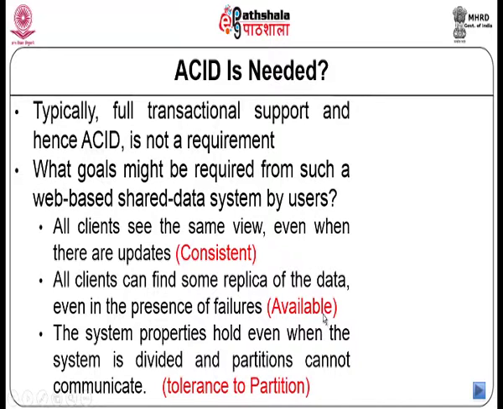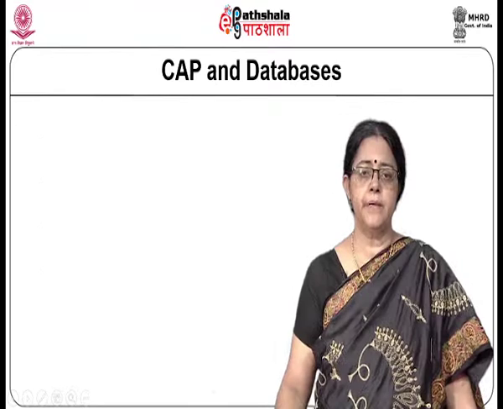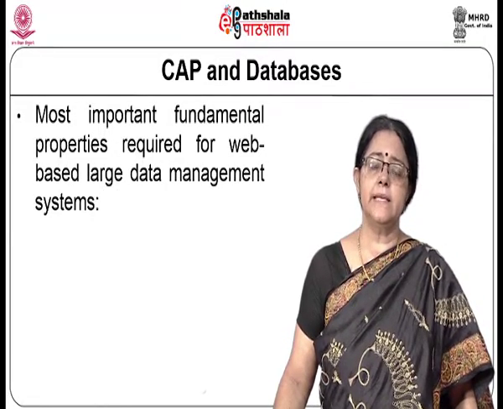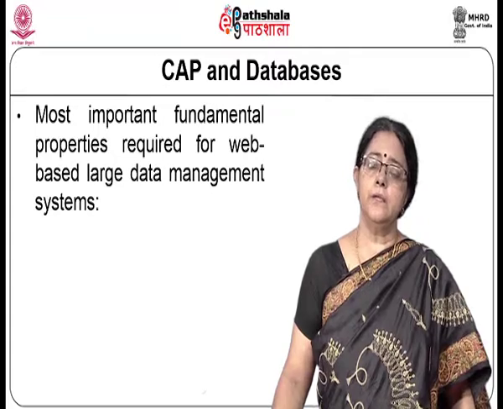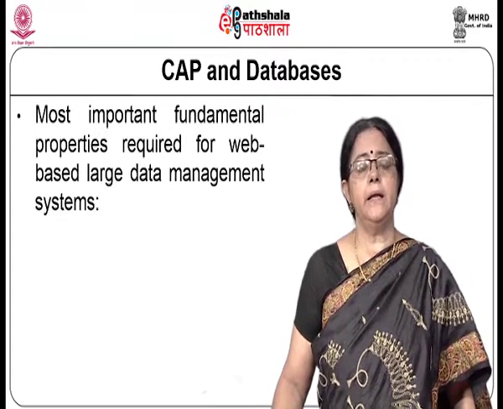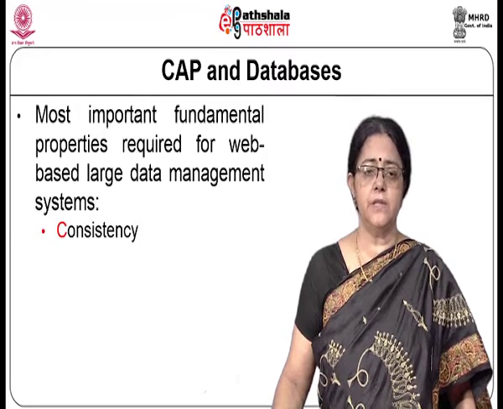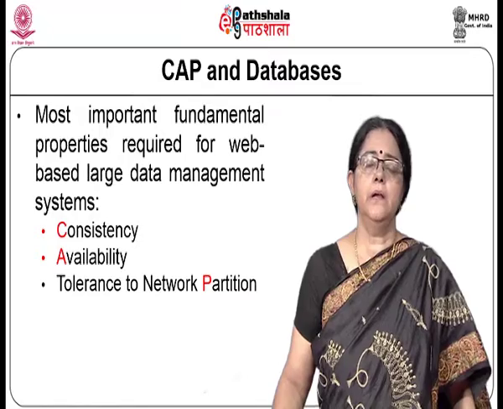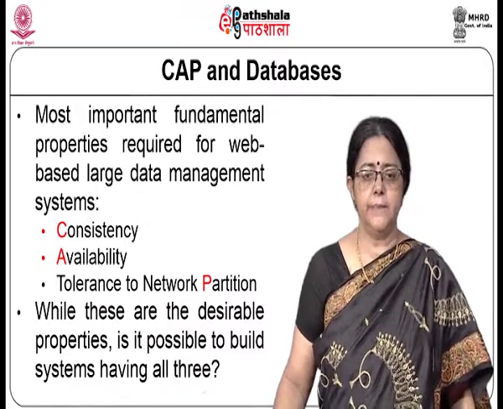So, the system must continue giving such information to the users. That is the requirement. So, consistency, availability and tolerance to network partition, or any partition for that matter, are the requirements for this.